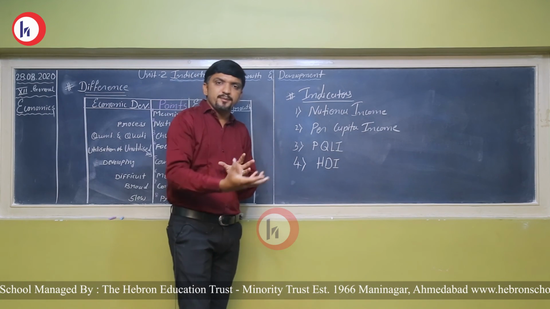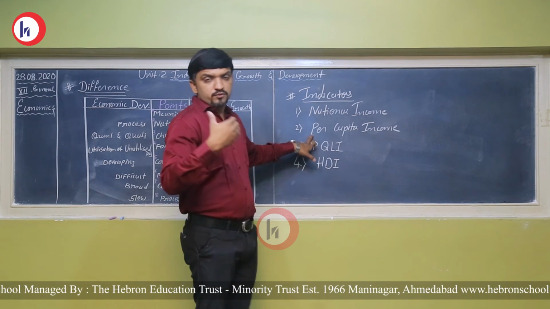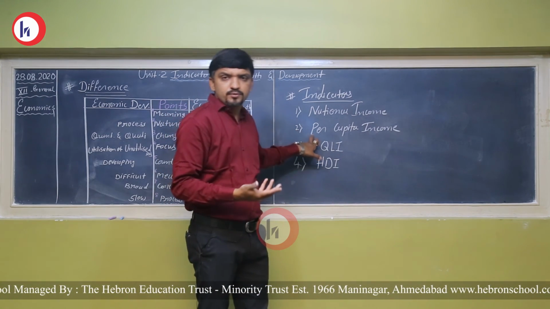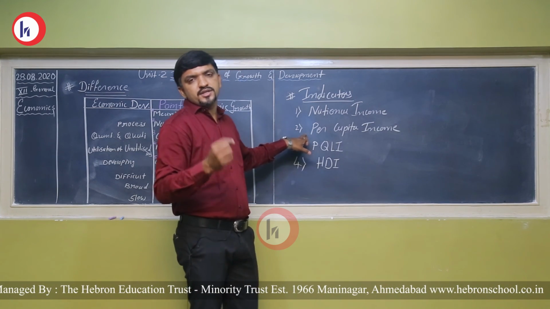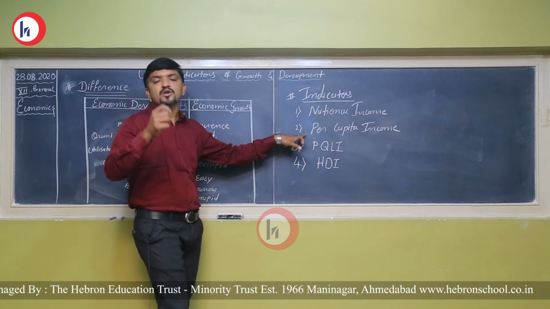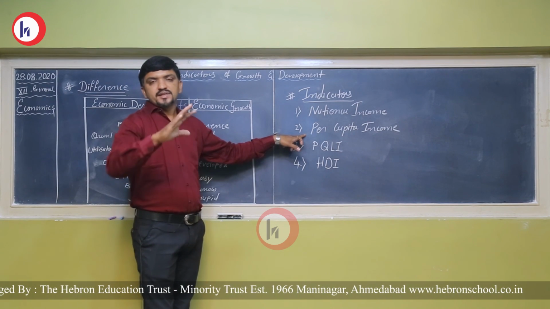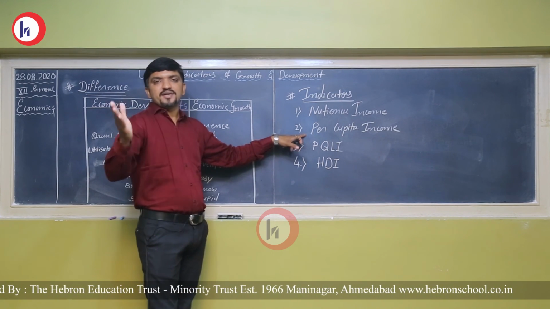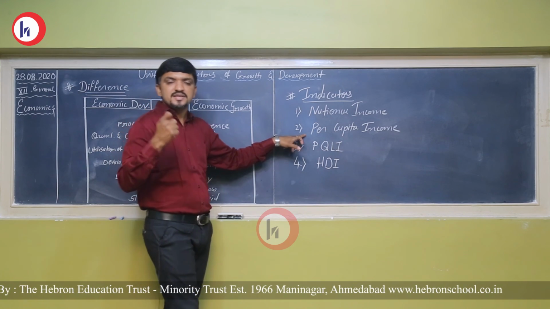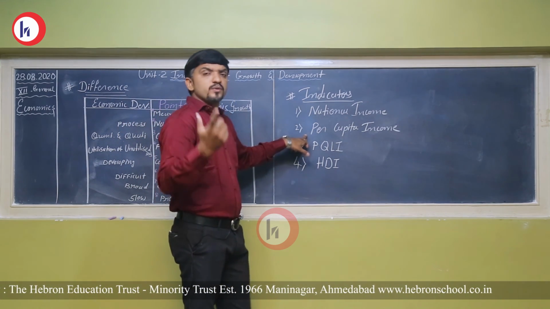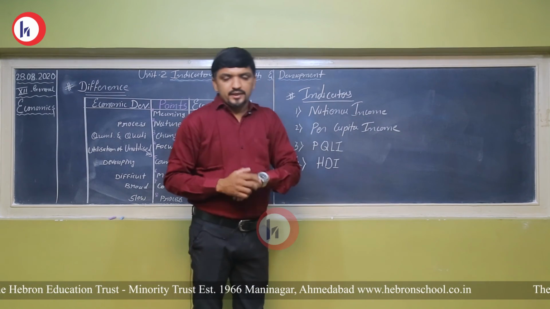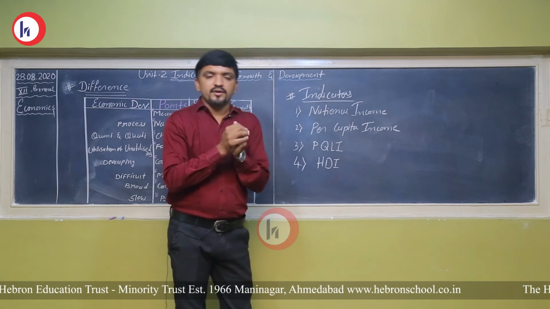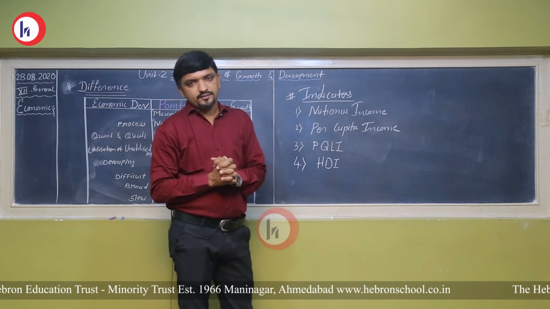Then, due to certain limitations, the concept of per capita income was developed, and it is still treated as one of the best indicators of economic development. The economic development of two countries can be easily measured with the help of per capita income. And this concept we have already seen in 11th standard.